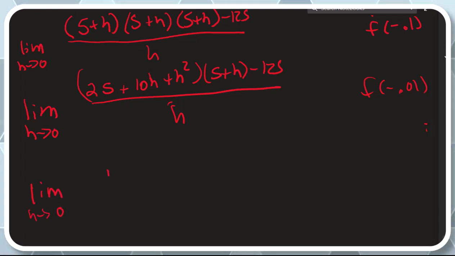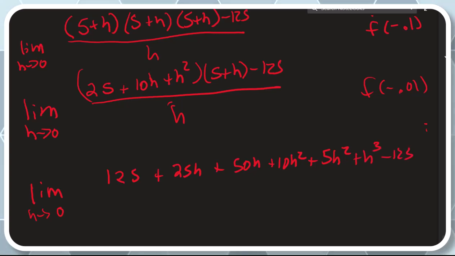So 25 times 5 is 125, plus 25 times h is 25h, 10h times 5 is 50h, 10h times h is 10h squared, h squared times 5 is 5h squared, h squared times h is h cubed, minus 125, all over h.